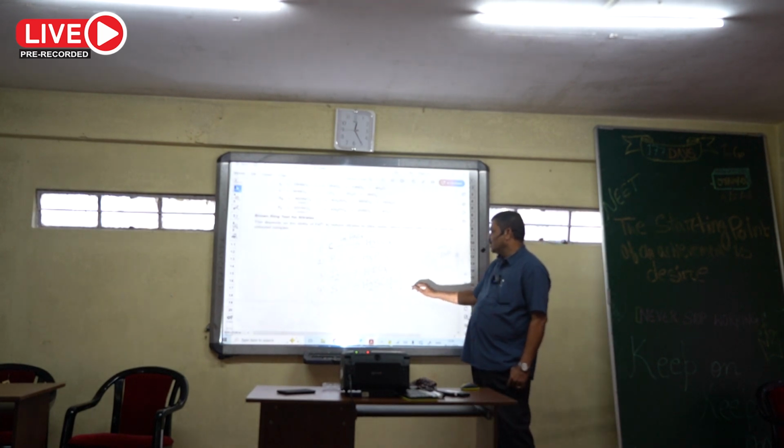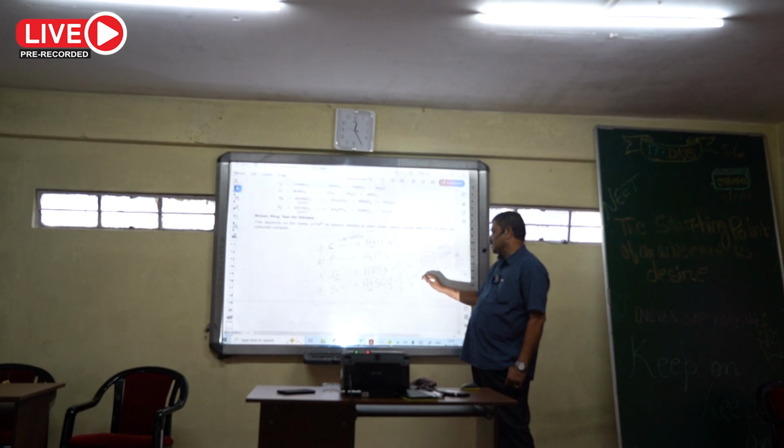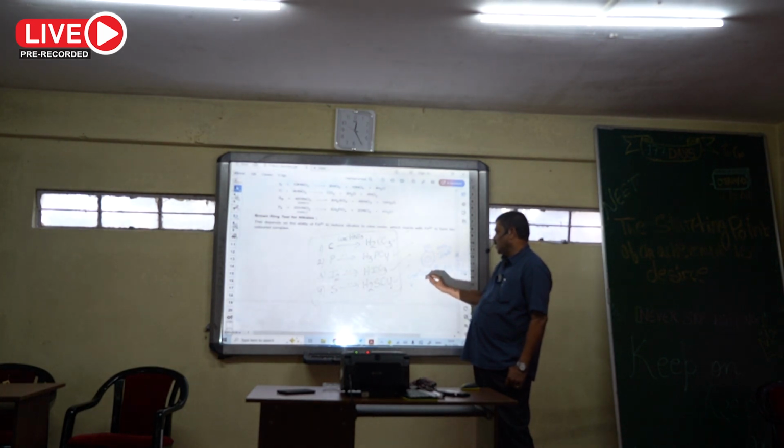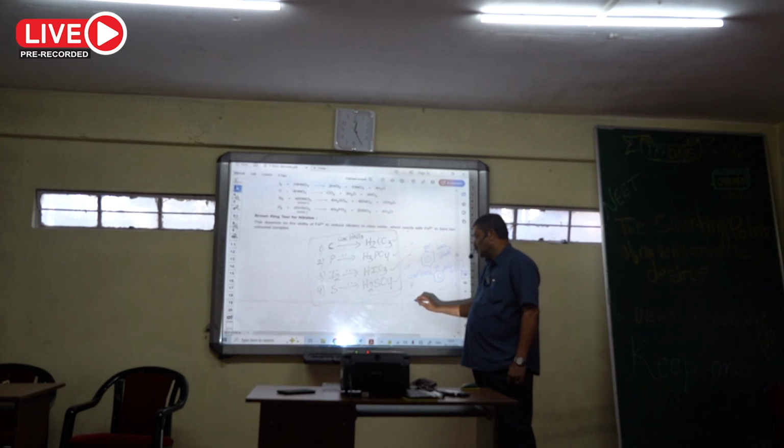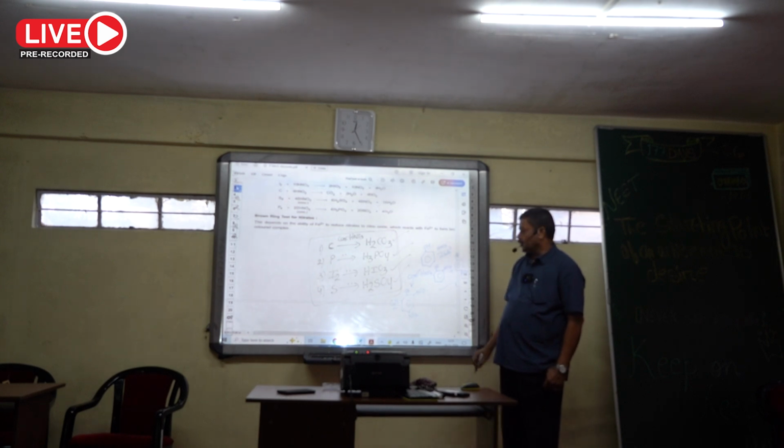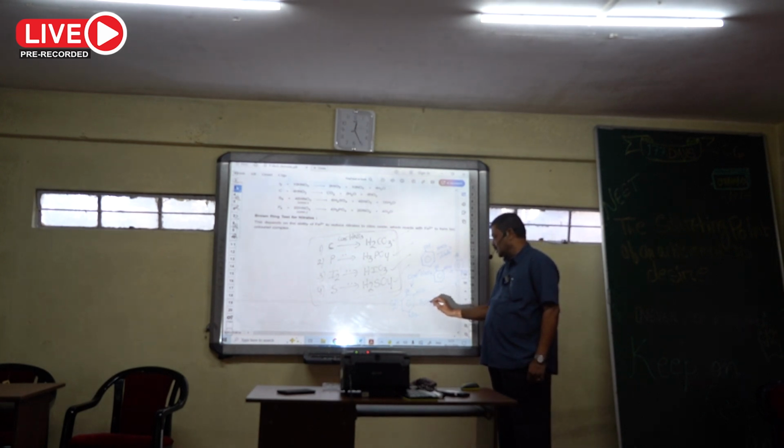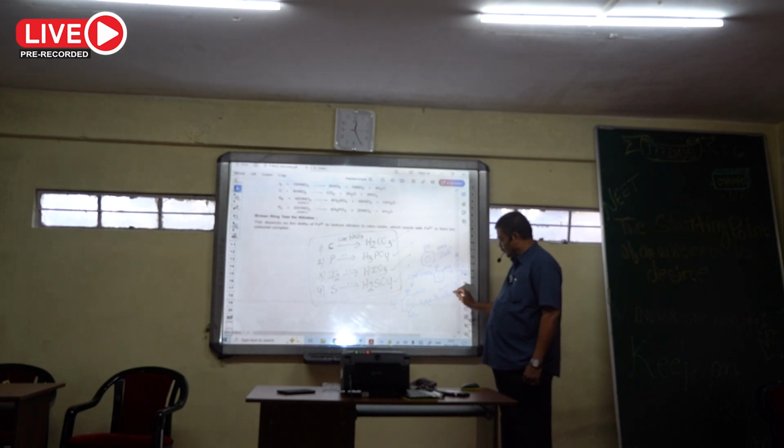Same phenol, concentrated nitric acid. Very good. You will get 2,4,6-trinitrophenol, which is popularly called picric acid. You are getting 2,4,6-trinitrophenol called picric acid.